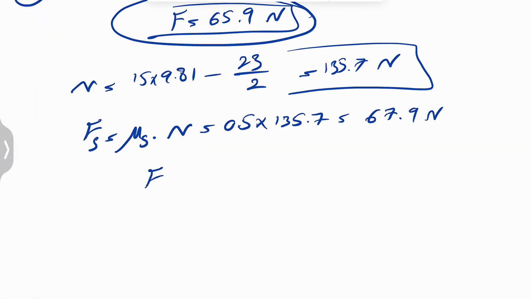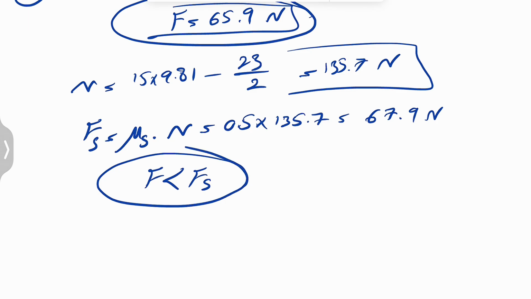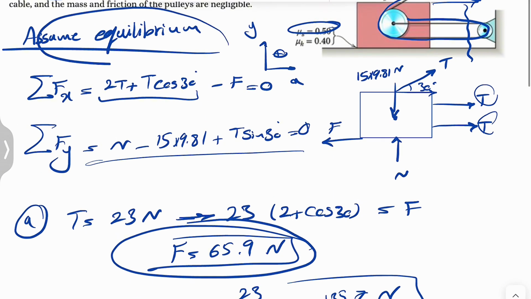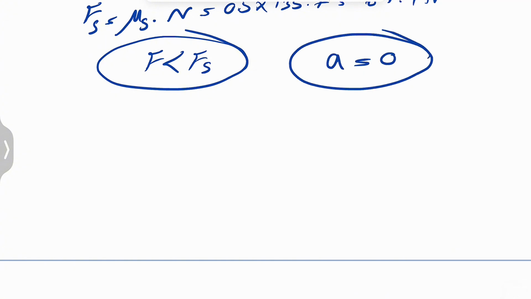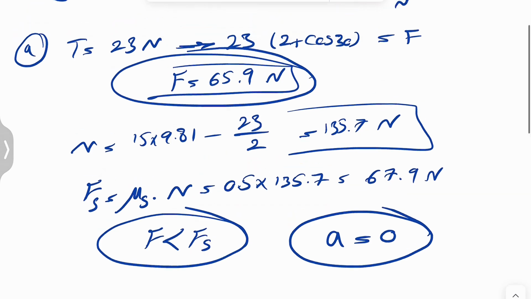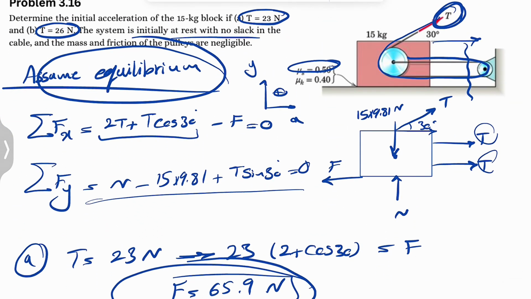And because our F is less than Fs, the friction force doesn't need to be overcome, meaning the box isn't moved. So our assumption at the beginning, equilibrium, was correct. And when we are in equilibrium, the acceleration is going to be 0 because the box is not actually moving. So that was for the A part.